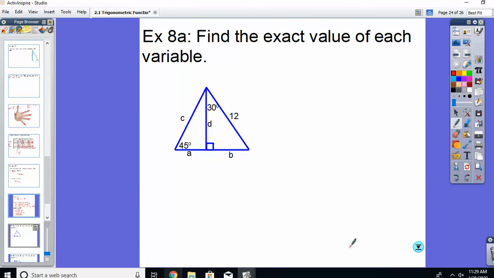Take a second and draw this picture for me. You're trying to find the values of each of our variables here.